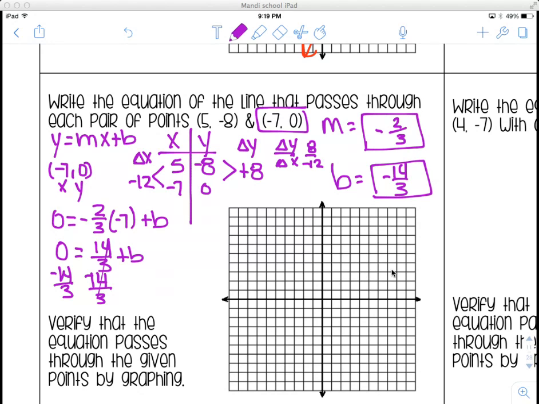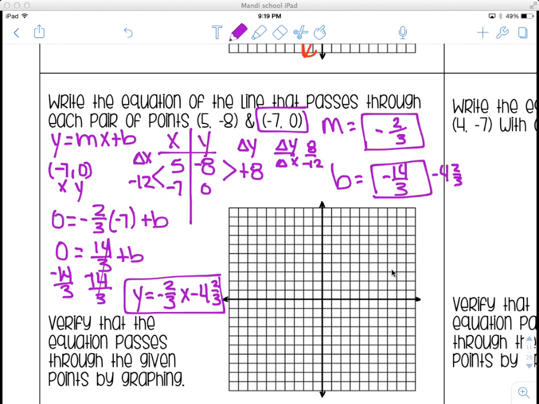You can also write negative 14 over 3 as negative 4 and 2/3. So the equation of my line is y equals negative 2/3 x minus 4 and 2/3.